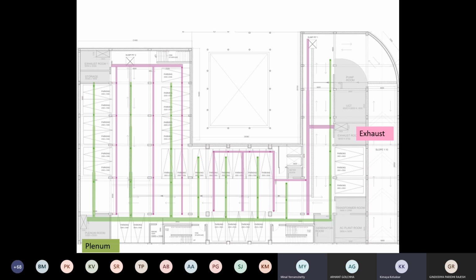Another thing is that wherever your ducts are, whether exhaust or plenum, they shouldn't enter any of your mechanical rooms. In this drawing, it's entering your generator room. It shouldn't. Worst case, if you can't avoid it, the supply one, which is the plenum, can still enter because it is providing the air.